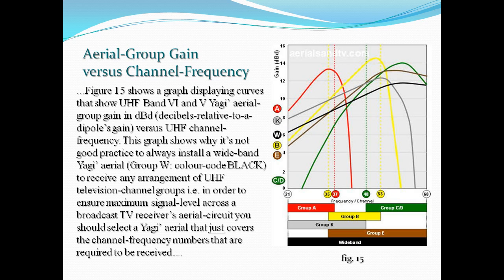So you should always try to use group A, group B or group CD aerials if your channel spacing from the transmitter you're trying to receive television pictures from permits it.